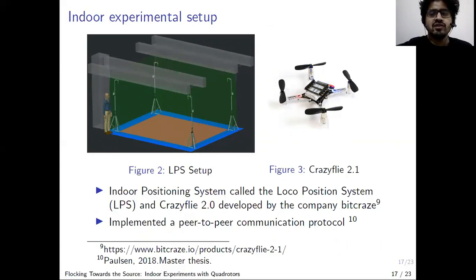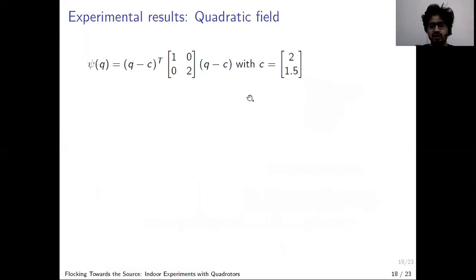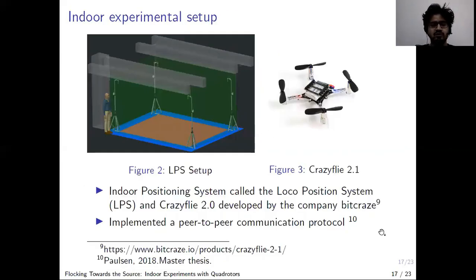On the right, you see the Crazyflie 2.1 experimental platform. Both these hardware setups are developed and sold by the company Bitcraze. Because the software on Crazyflie is open source, we were able to code our peer-to-peer communication protocol so that each Crazyflie could talk to its neighbors.